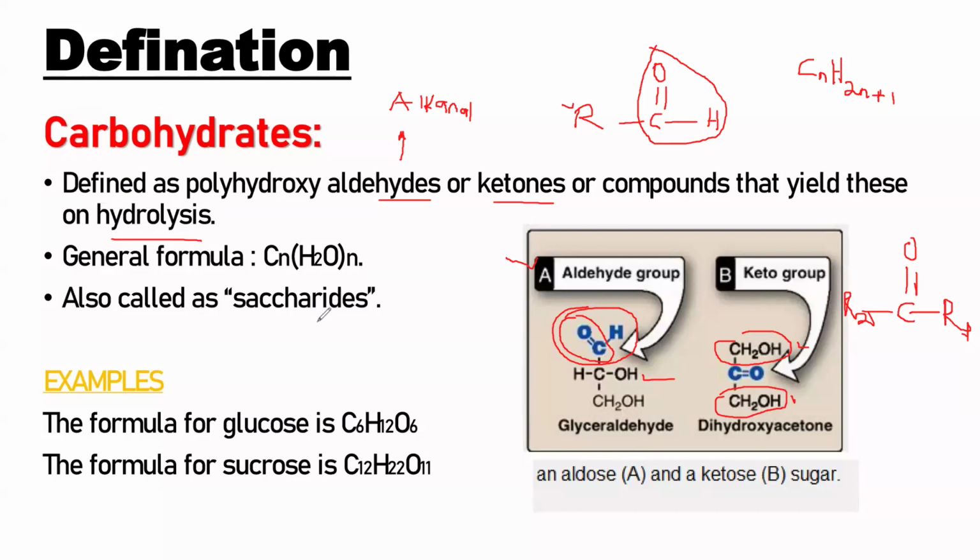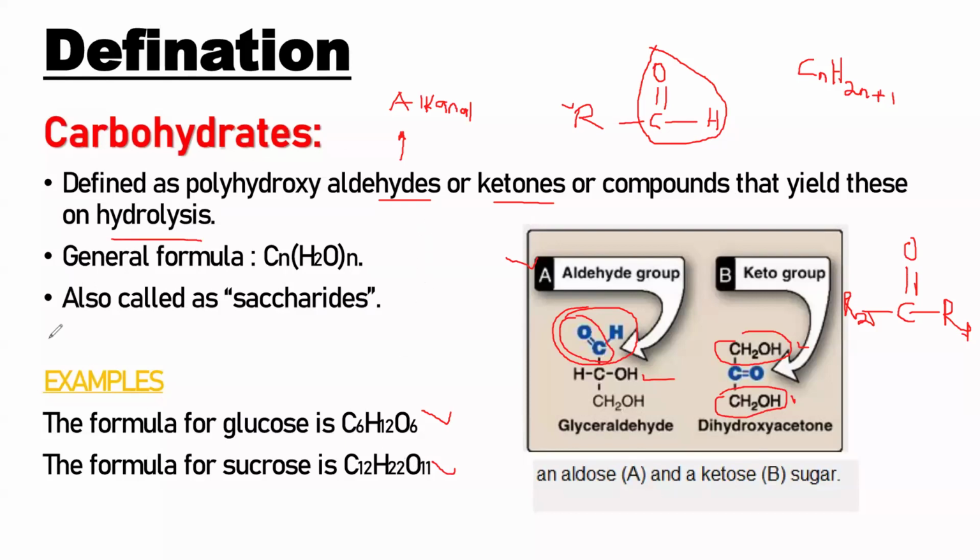Then an example is glucose, C6H12O6, which is an example of a carbohydrate. Then another one we have is sucrose, C12H22O11, and that is another example of a carbohydrate.